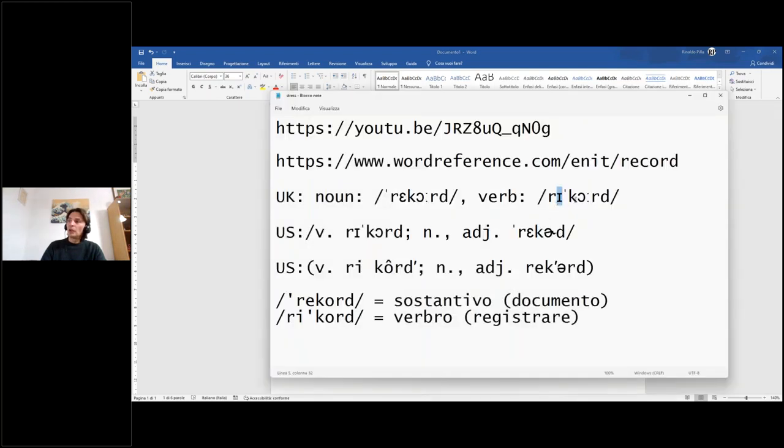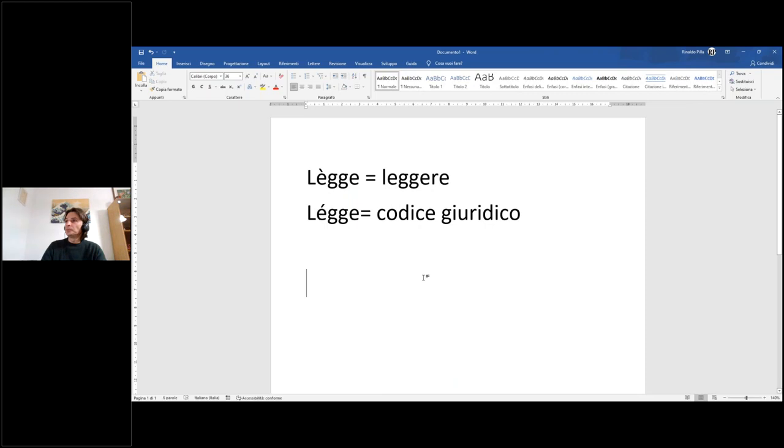So record. Now, record means document. Record means to register, not register, but registrare in Italian, or incidere, right? So you can record an audio, right?